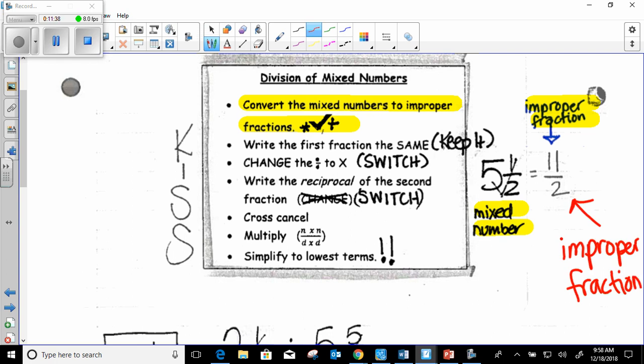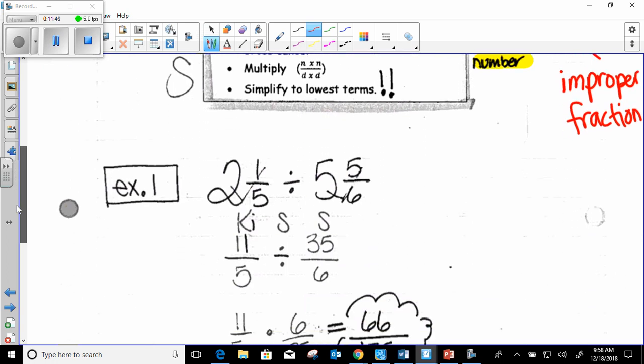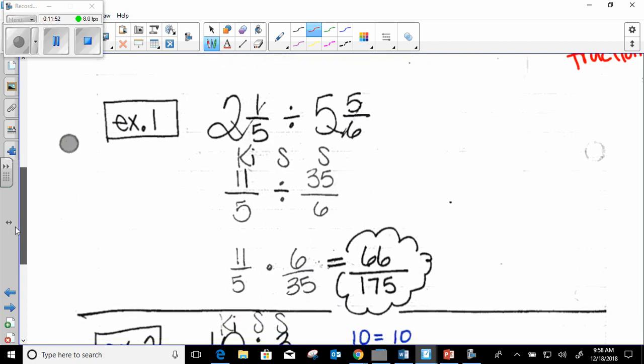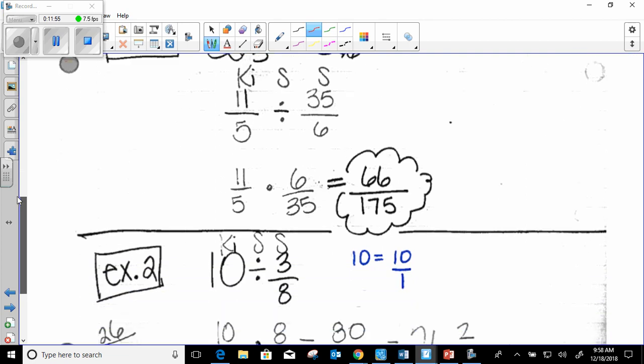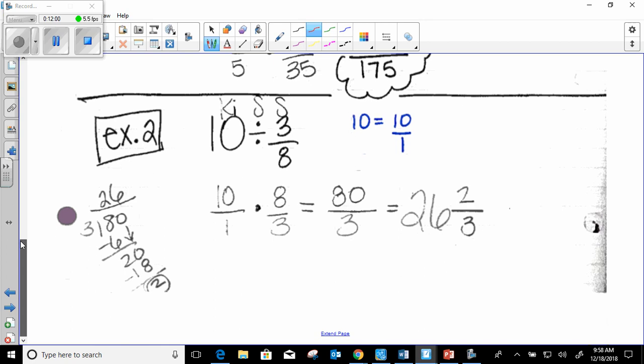Okay. So again, the only difference here is you're going to convert the mixed number to improper fractions. Same steps. I give you several examples here, so pause the video, write it out, solve it, so you can see that you're doing it correctly. Okay, you pause it at any time. I walk you through all the steps and I show you the answers.